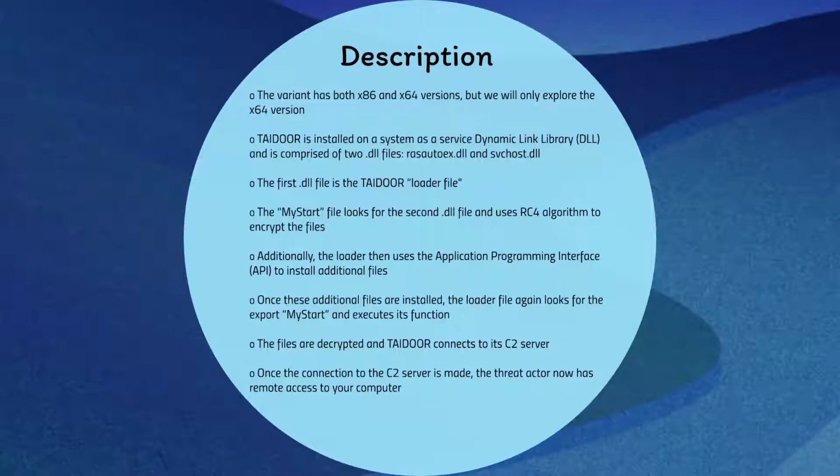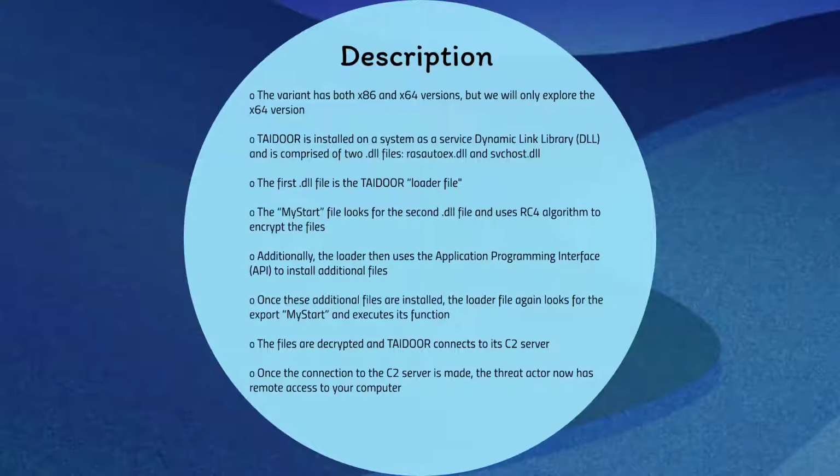It is comprised of two DLL files, RAS AutoX and Service Host. The first DLL file is the TAIDOOR loader file. It utilizes an export function called MyStart and executes the TAIDOOR malware.